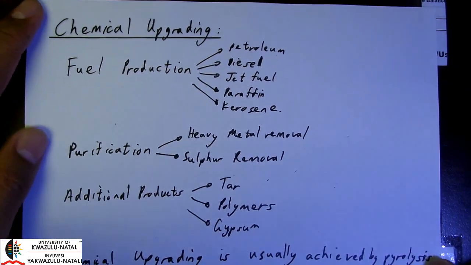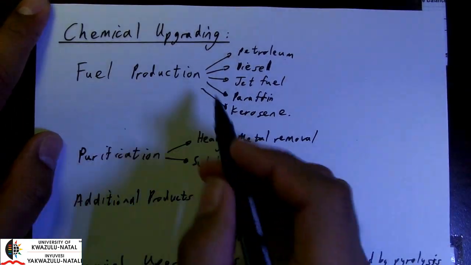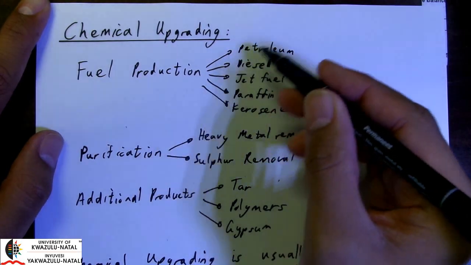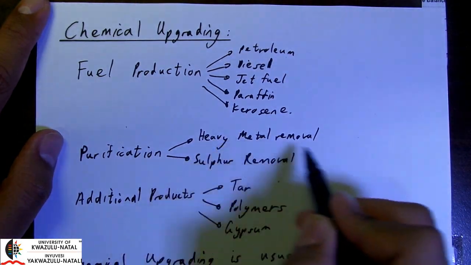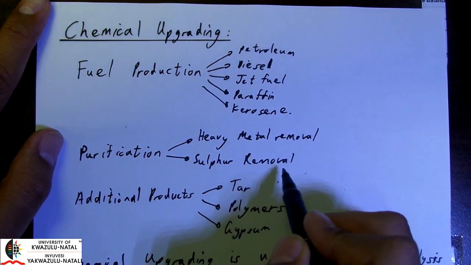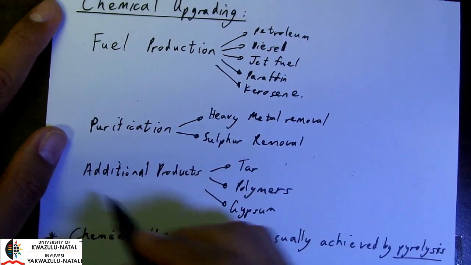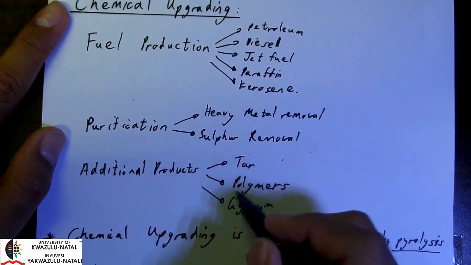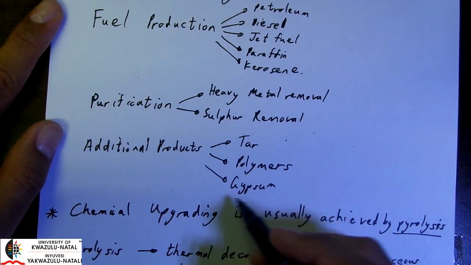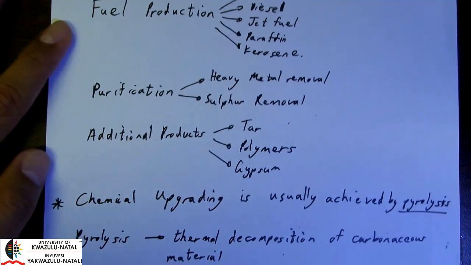And the purification of our fossil fuels in order to obtain this involves some heavy metal removal as well as sulfur removal. Additional products include tar, polymers and gypsum or plaster of Paris.